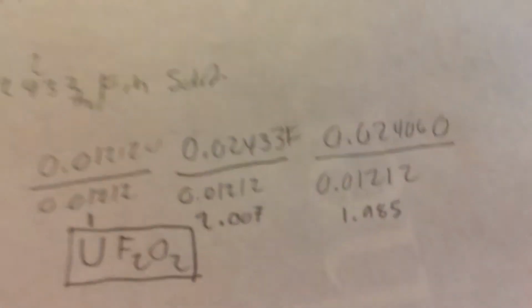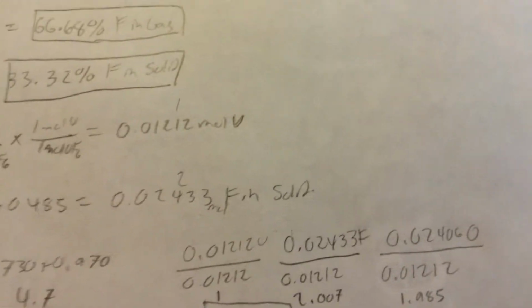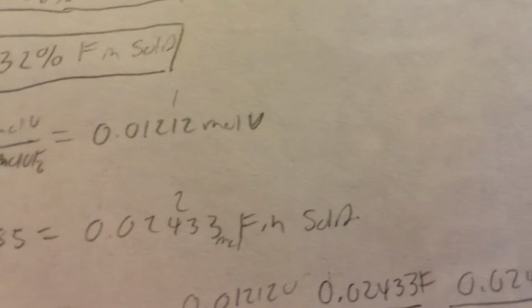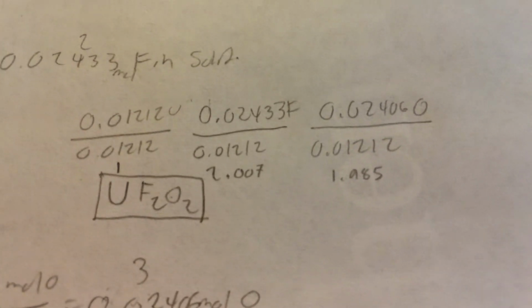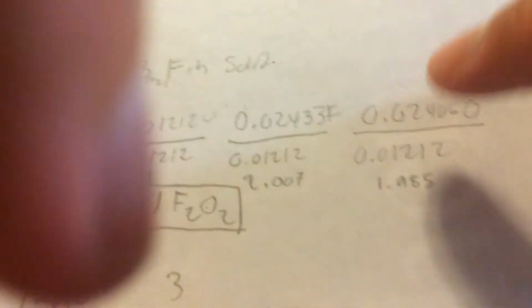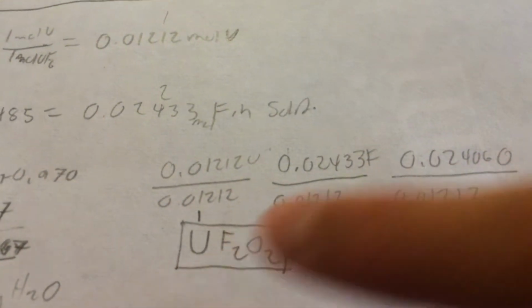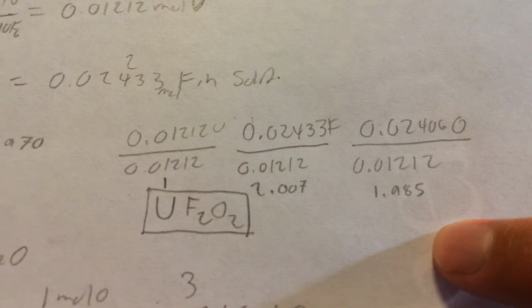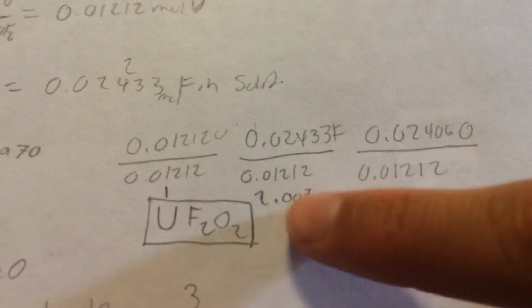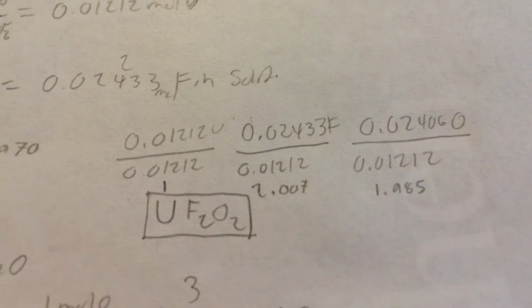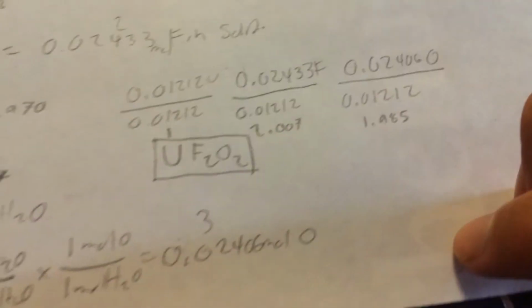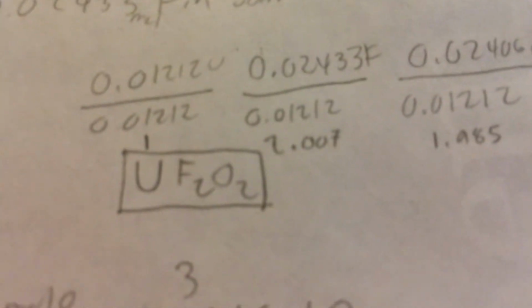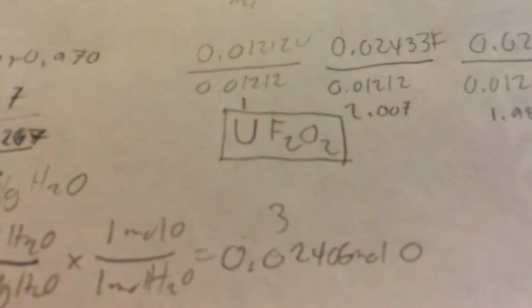Then you put it over the lowest amount, which is the uranium, at 0.0121, and you divide them. So you're left with 1 uranium, 2 fluorine and 2 oxygen. You round up here and round down there because they're close enough. Which leaves you with UF2O2.